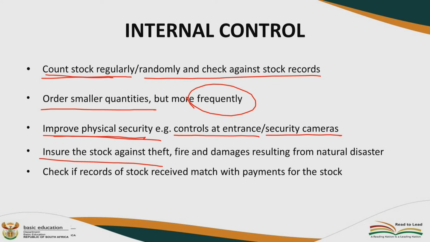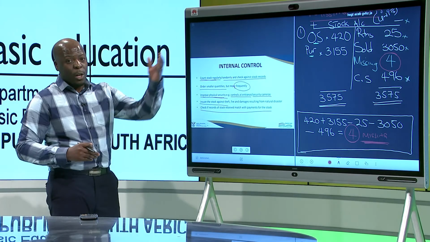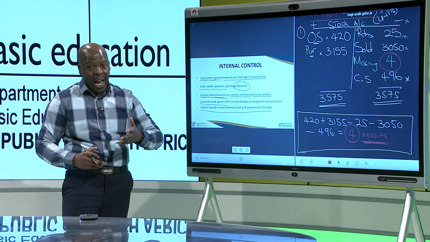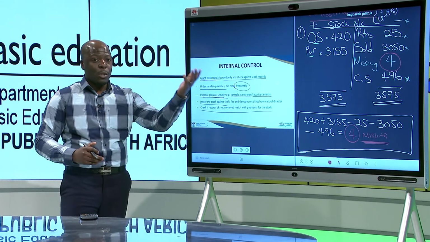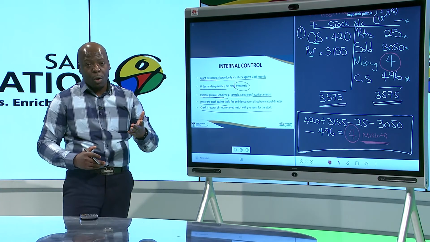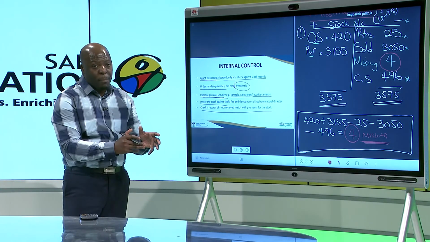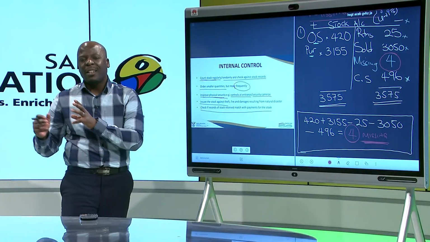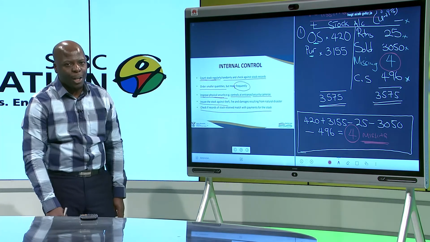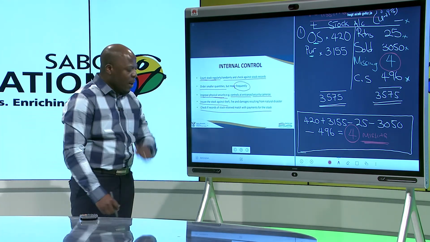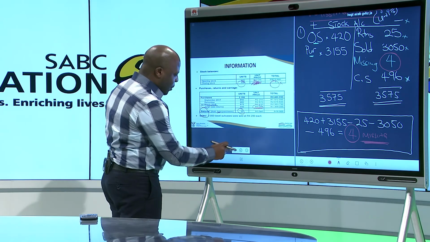And lastly, you need to check if the records of your stock which is received will be the same as the payments that are made for stock, as well as when stock is being delivered to the warehouse. This is very important. When stock is being delivered to the warehouse, you need to compare the physical stock delivered compared to the information on your invoices.